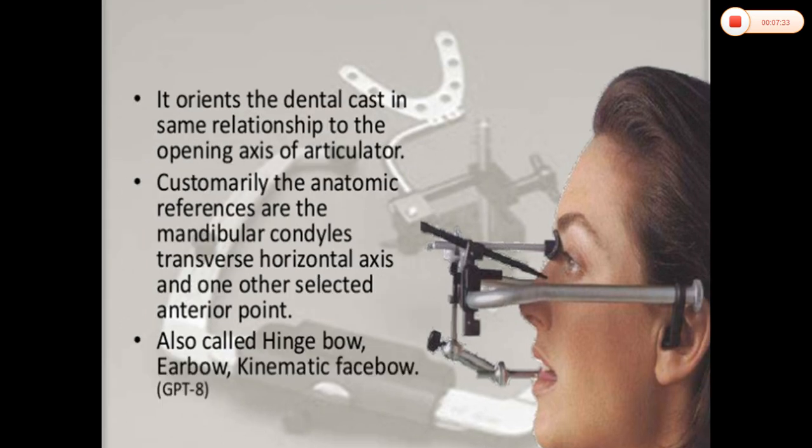So what exactly does it do? This face bow orients a dental cast in the same relationship to the opening axis of the articulator as it is in the patient.